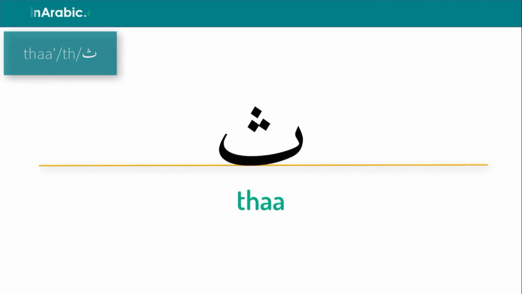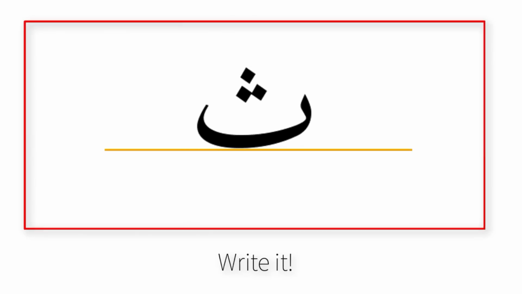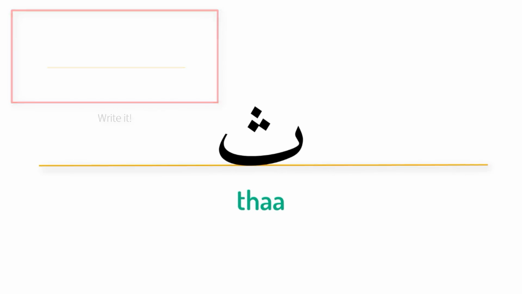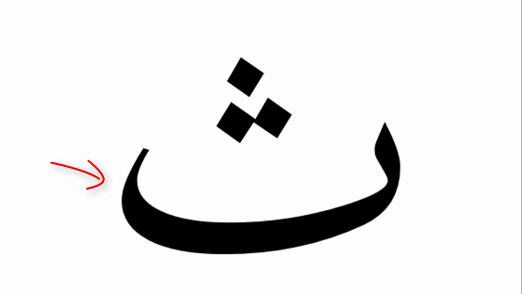The next letter that we have is called tha. Once again, that same semicircle exists for the letter tha, except that it has three dots above it.